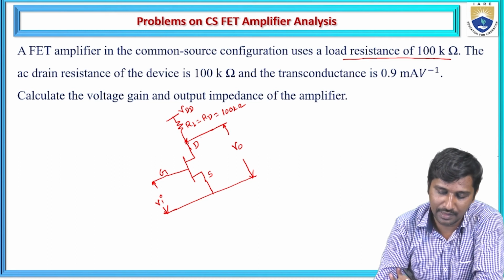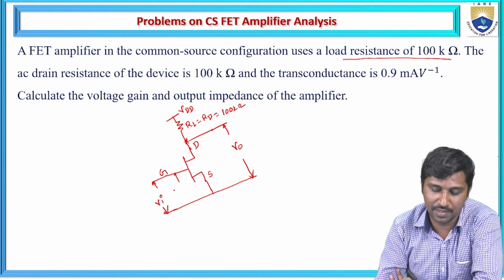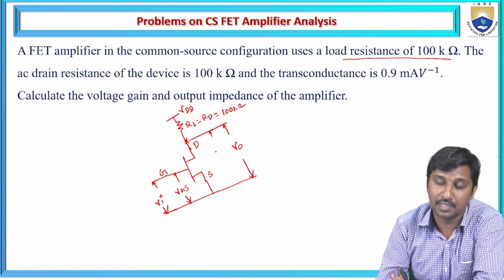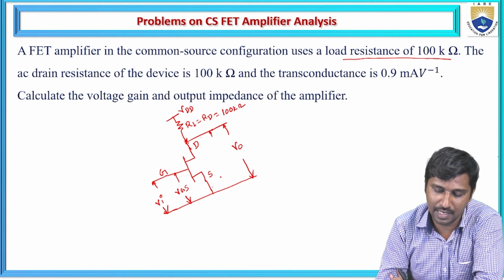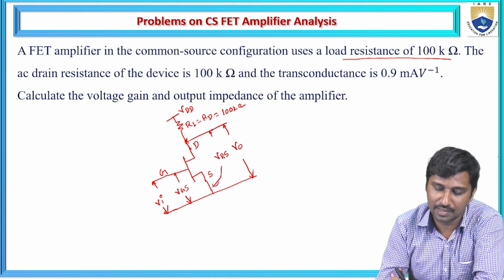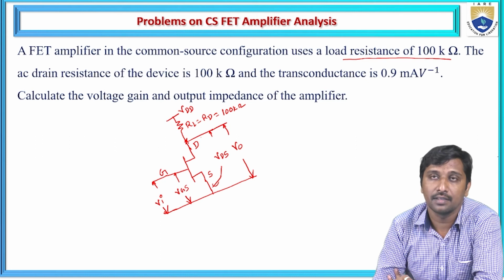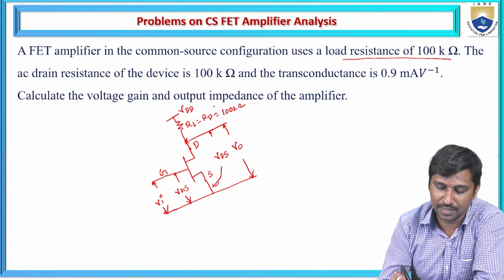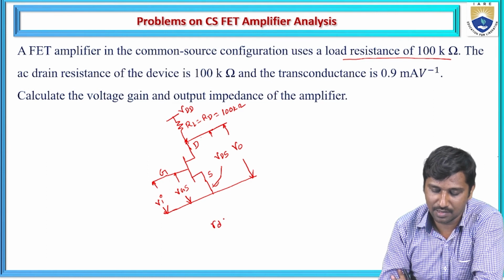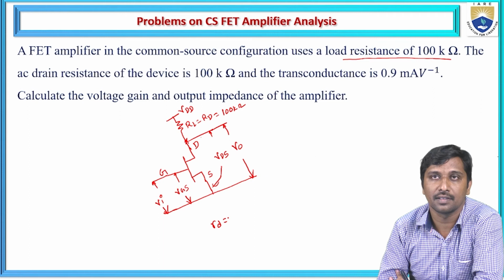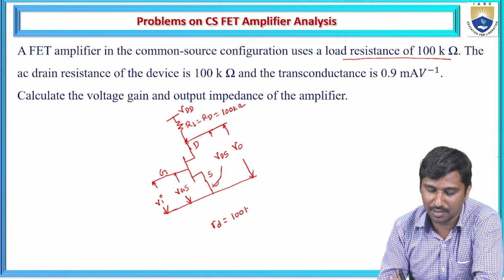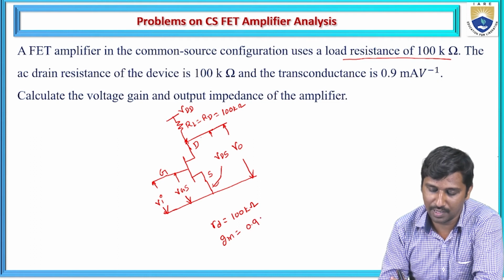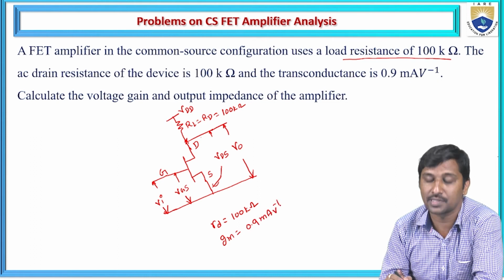Internally, the potential difference between the gate and the source is represented as VGS, and the potential difference between drain and the source is represented as VDS. They have given the small signal model parameters here: the internal drain resistance or AC resistance, small rd, is equal to 100 kilo ohms, and the transconductance is 0.9 milliampere per volt.